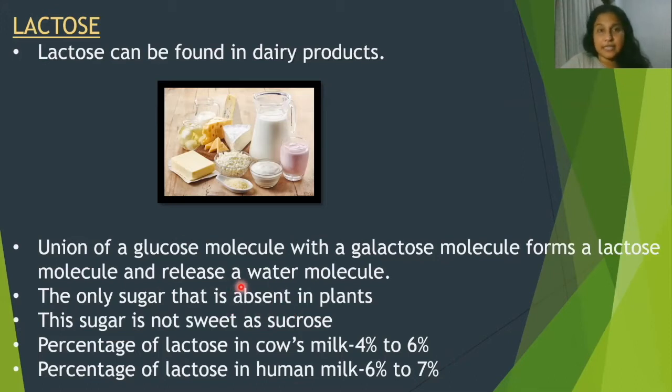Lactose is not present in plants, and this sugar is not as sweet as sucrose. We learned galactose is also not sweet. The percentage of lactose in cow's milk is 4% to 6%. The percentage of lactose in human milk is 6% to 7%.